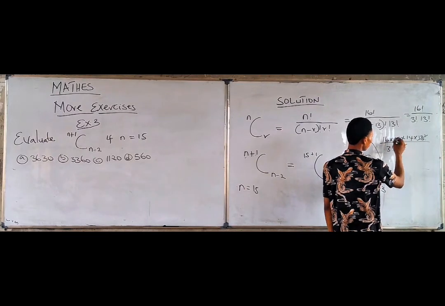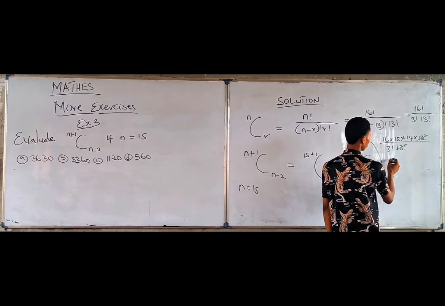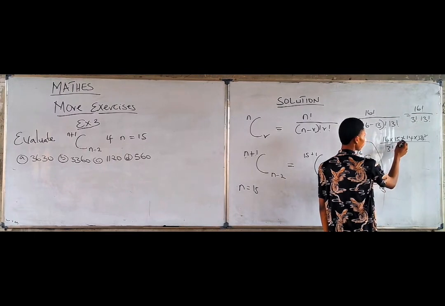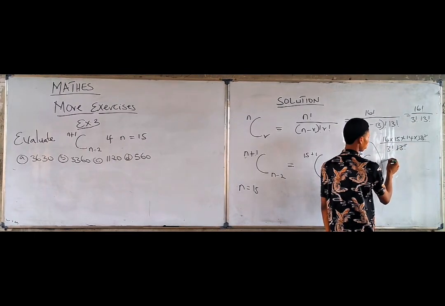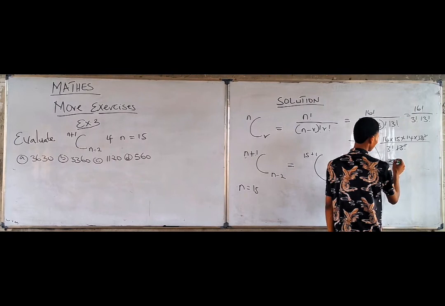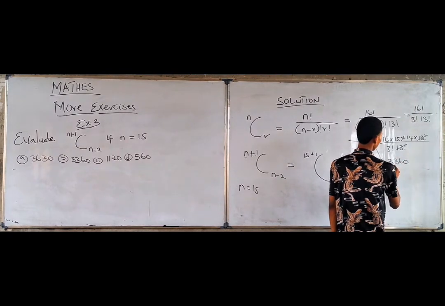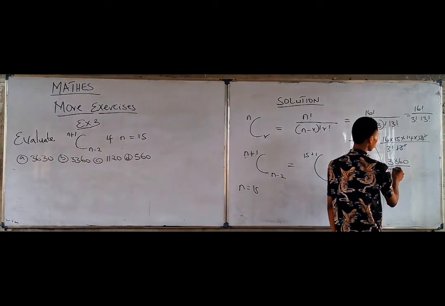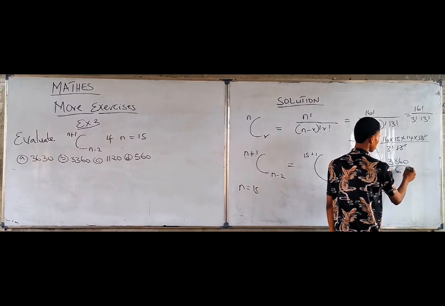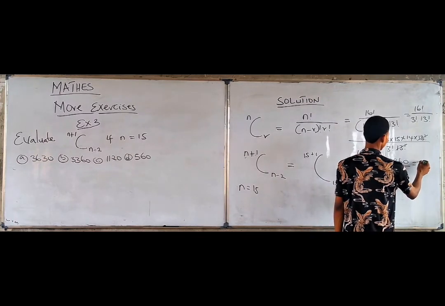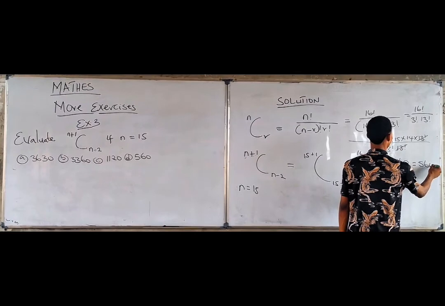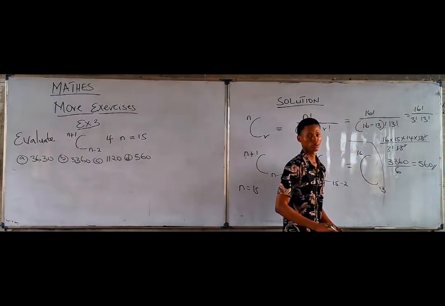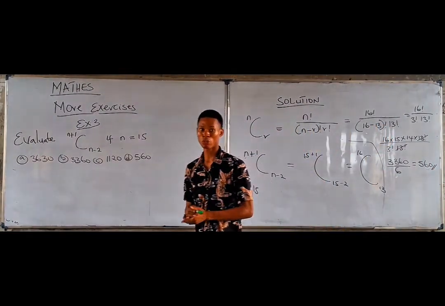Everything up, 16 times 15 times 14, will give me what? 3,360 all over 3 factorial, which is 3 times 2, right? Which is 6. Which will give me what? 560. So that's the answer to that question.